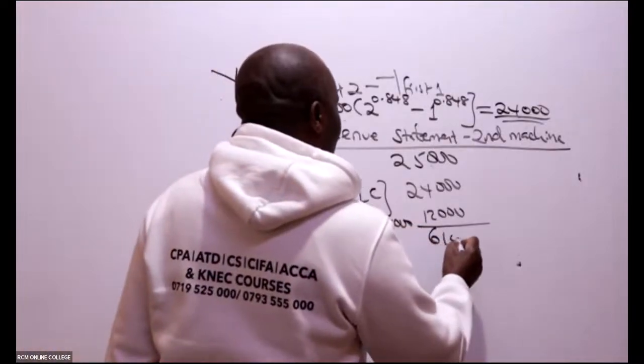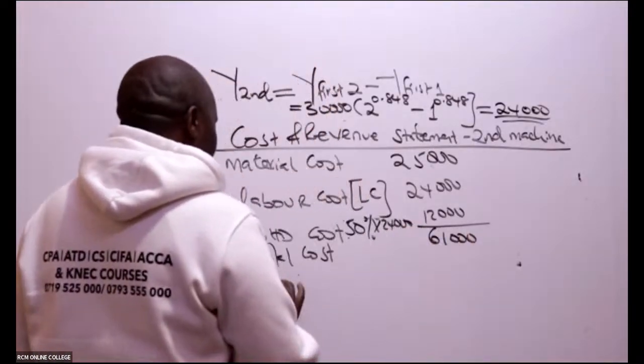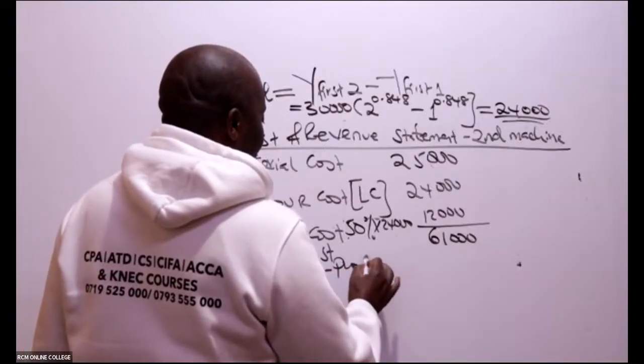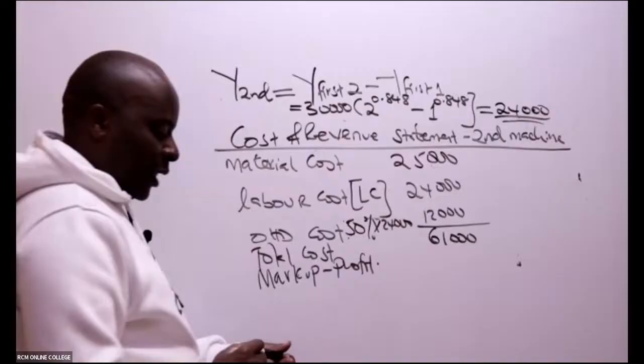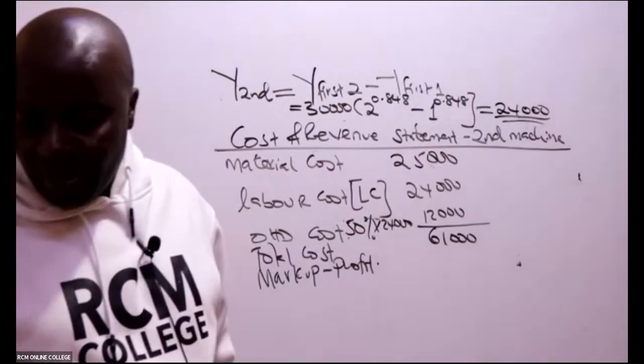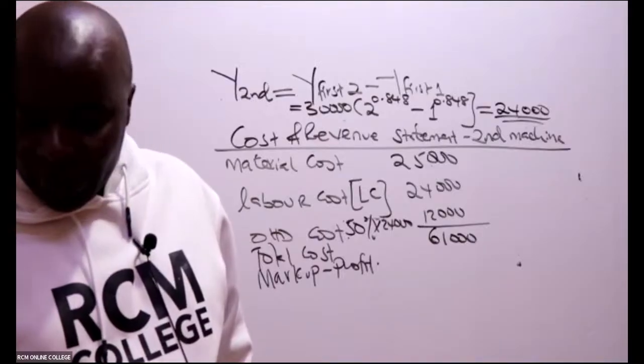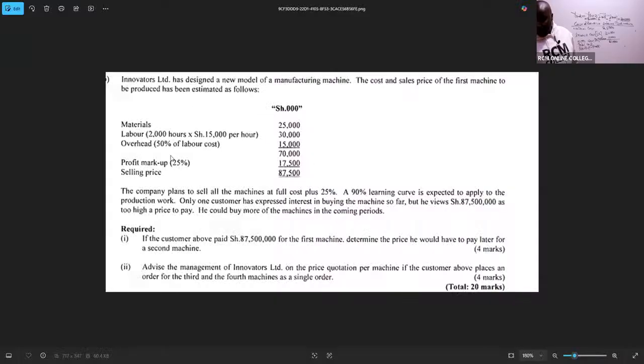So 61,000, given that this is cost, we shall mark it up. So markup for profit, and the examiner will always give you the markup policy. Here, they tell you the profit markup is 25% of the cost.